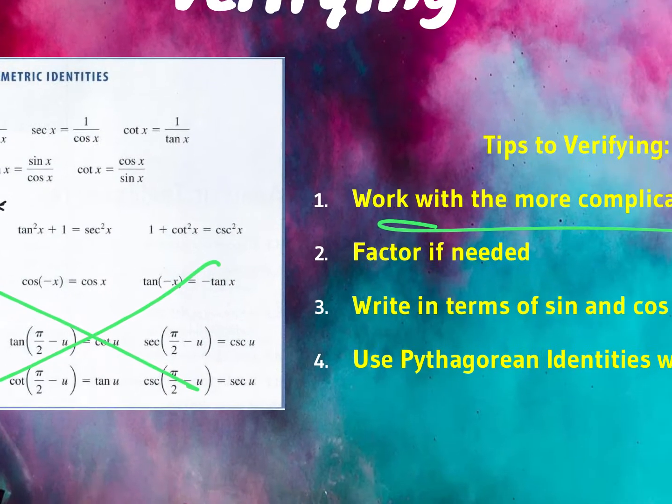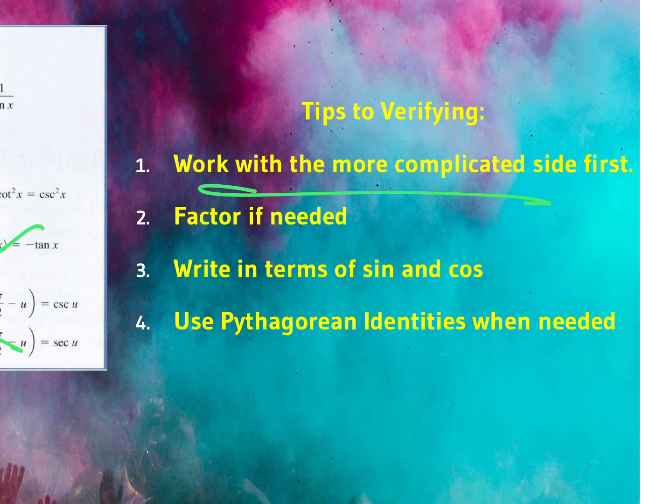So our steps here, our tips for verifying: always look for the more complicated side, and that's the side you're going to simplify. Now, if you can factor it, that will be one technique. Another one, you may have to find a common denominator, like I did for the one that I just worked out. You may have to multiply, you may have to divide.